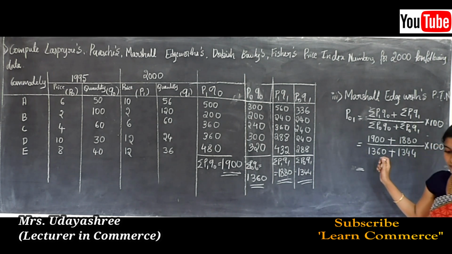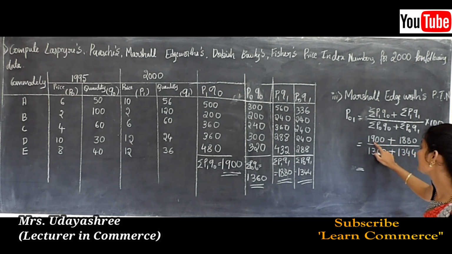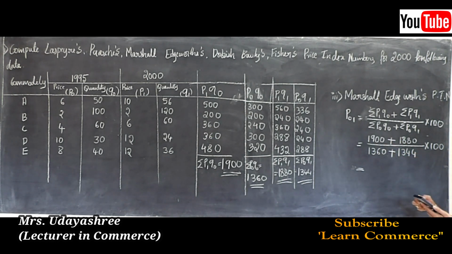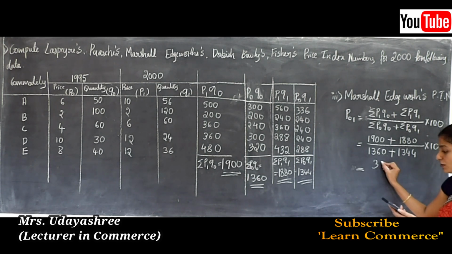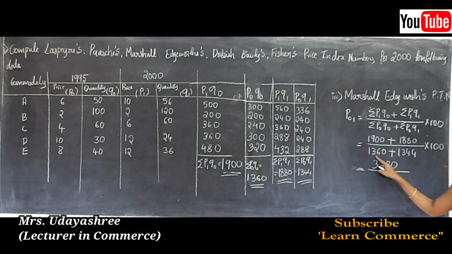This is equal to, what is the value of 1900 plus 1880, that is 3780, divided by 1360 plus 1344, the answer is 2704, into 100.